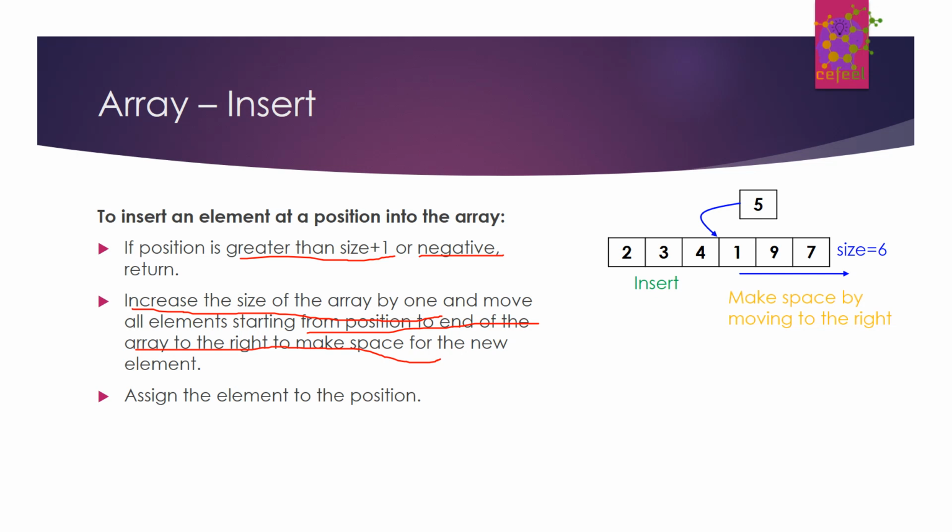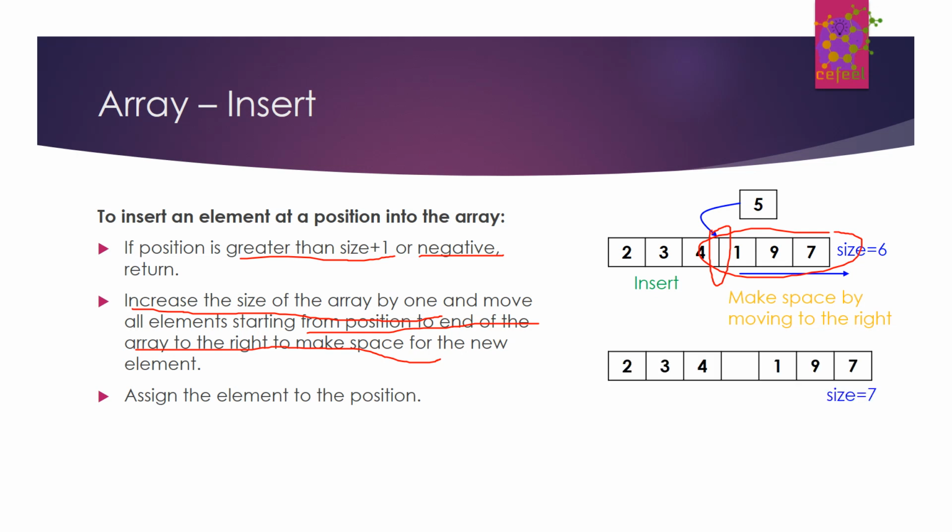So what we need to do is all the elements after the 4th location, which are 1, 9 and 7, need to be moved right, so that we can make a space here for 5, and then assign the value of 5. So the first step is to increase the size of the array to 7, and we'll move the elements 1, 9, 7 to make additional space for the new element which we want to insert, and then we'll just insert the element 5.